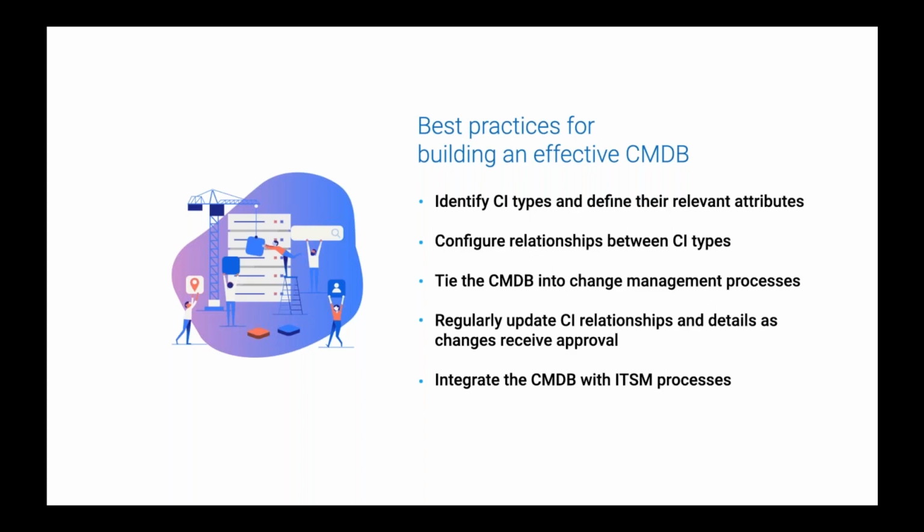Regularly update CI relationships and details as change receives approval. Now, where did we start? We started jotting down what the CIs are, and with the relationships, we took it into a change. While going with the change, everything was clear. There were no blind spots and no single point of failure. Everything was good.